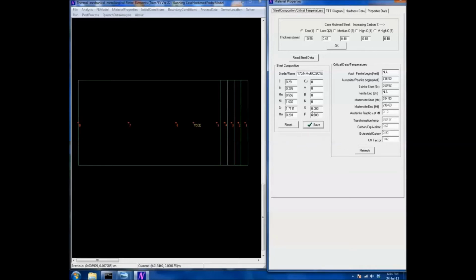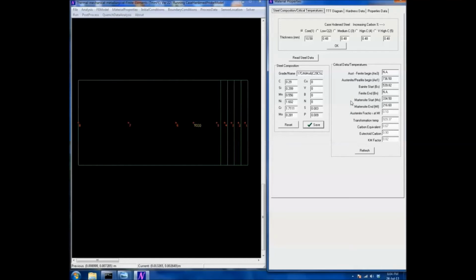Now, you will see that the base material composition is given here as carbon 0.29, silicon 0.299, etc. The other critical data that is required for calculating the CCT diagrams for this steel is listed here.